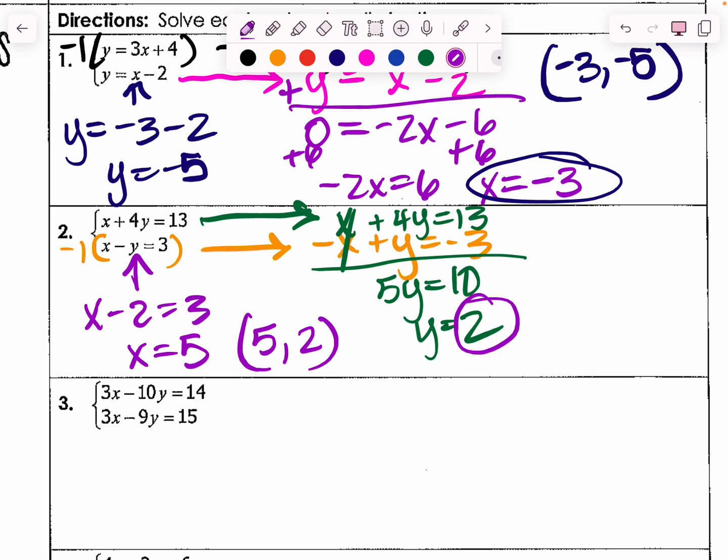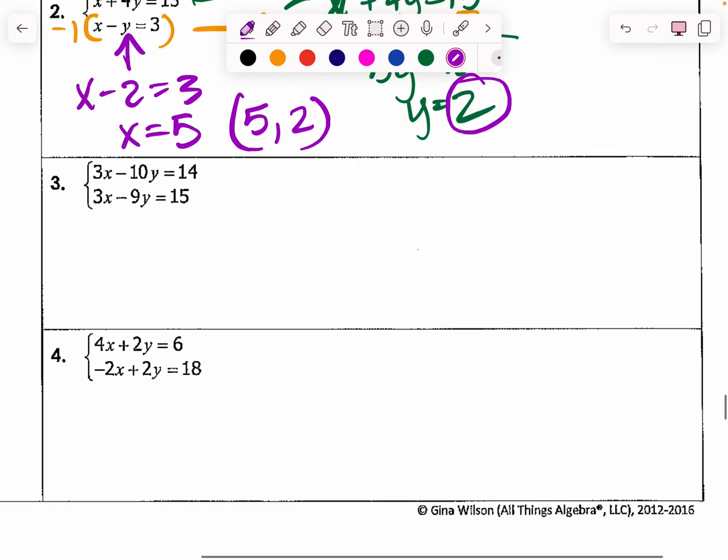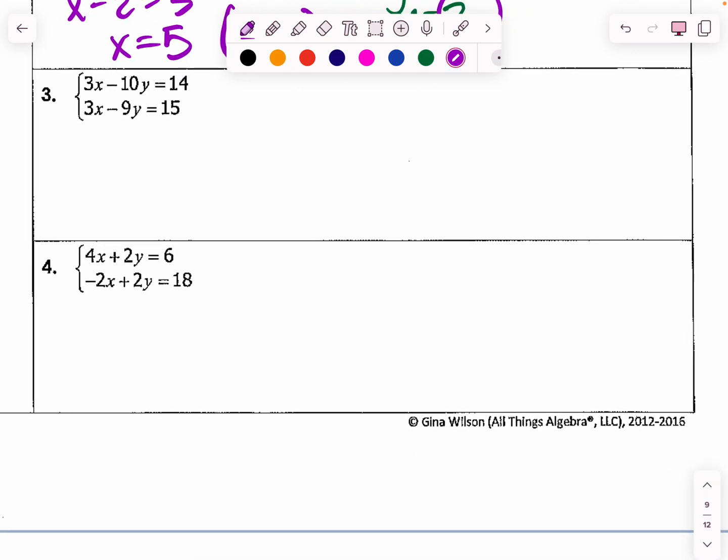The y's cancel. See that? They were the same coefficient, so that's how I knew the y's were the ones I was canceling. So I get -6x equals 12. x equals -2. Take that -2 and plug it in right here for the x.